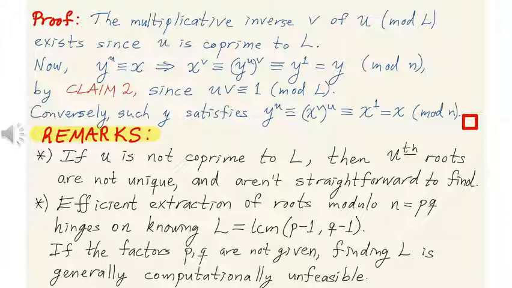It is that the determination of the multiplicative inverse of u modulo L is itself difficult, and unfeasible if you do not know the prime factors p and q of n. This is critical to the security of RSA.